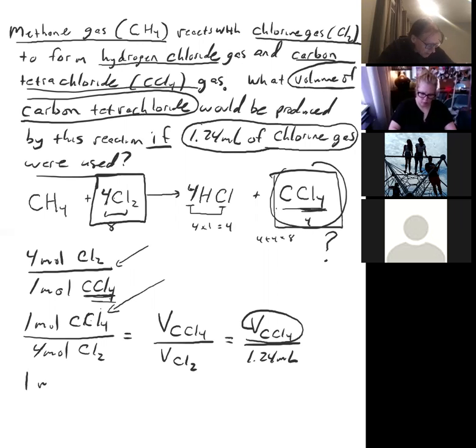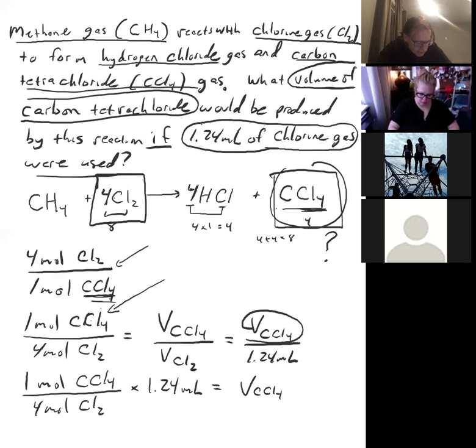So 1 mole of carbon tetrachloride over 4 moles of chlorine times 1.24 milliliters. That's going to give you the volume of carbon tetrachloride. I'm just multiplying both sides by 1.24 so that I can get rid of the 1.24 on the right side and move it over to the left side. So if you do the arithmetic, that's about 0.31.